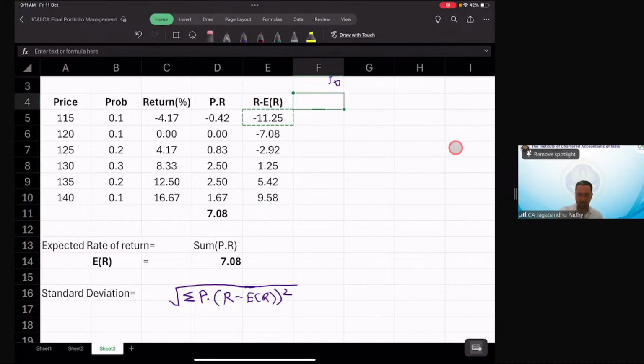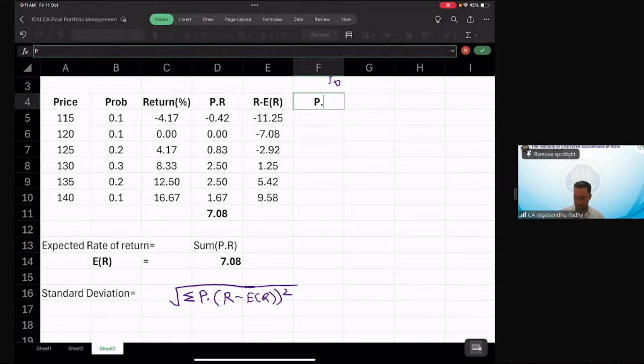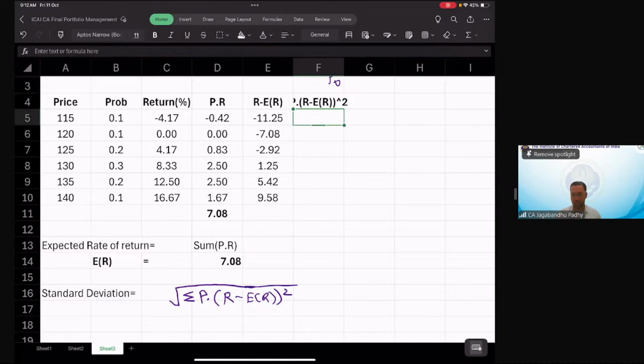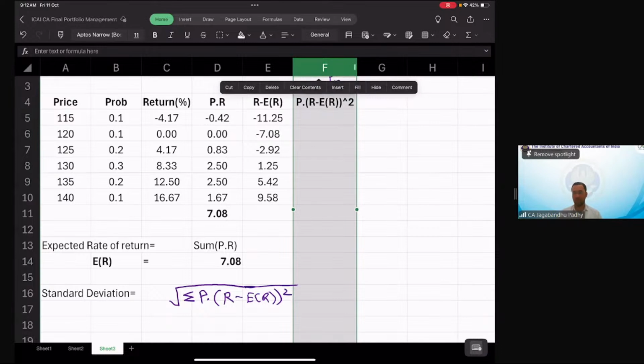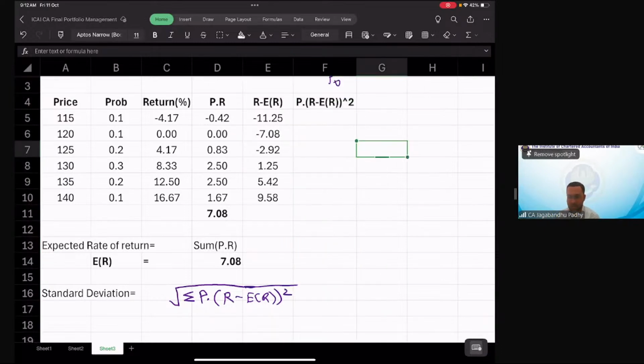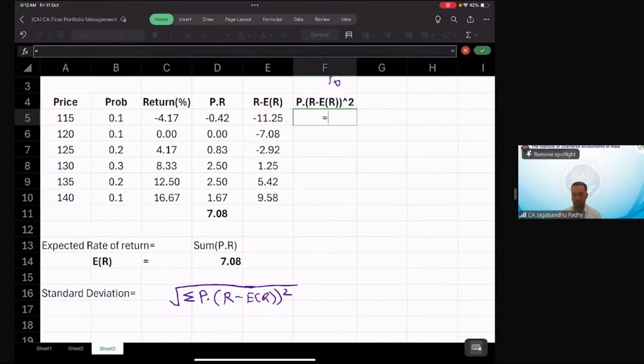So we can simply say probability into return minus expected return, and it is squared. First we take return minus expected return, which is the deviation, square it, and then multiply it with the probability.